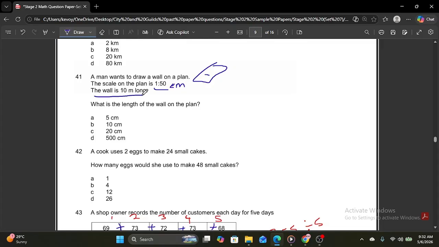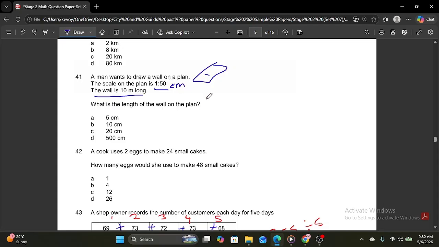So because he's drawing on paper, the actual wall is 10 meters long. Even if you look at the question right here, it asks what is the answer in centimeters? So that alone should tell us that the 1 to 50 is talking about centimeters.